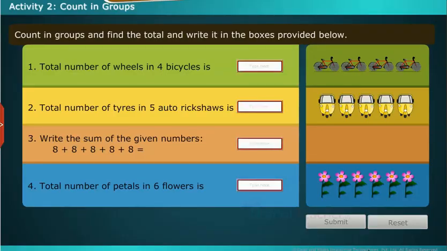Now, we can perform an activity to count in groups. Count in groups and find the total and write it in the boxes provided below.